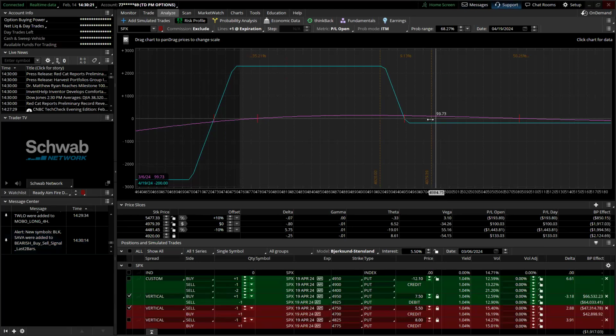Right? I have a $200 debit. I need to collect $200 from somewhere. Well, what if I took the long leg of my put debit spread that is at 49.50 and moved it up closer to the short leg, right? Shrunk the size or the width of this spread, and we'll see what that looks like.